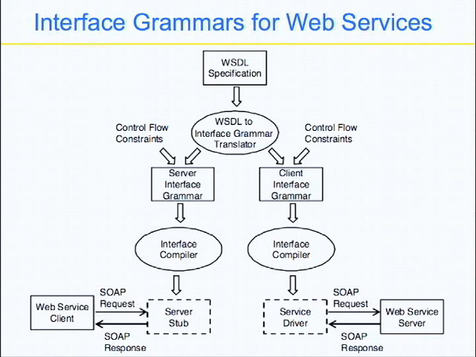You add some control flow constraints, and the interface compiler is going to convert that to either a stub for client-side checking, which simulates the server's behavior, or a driver for server-side verification.